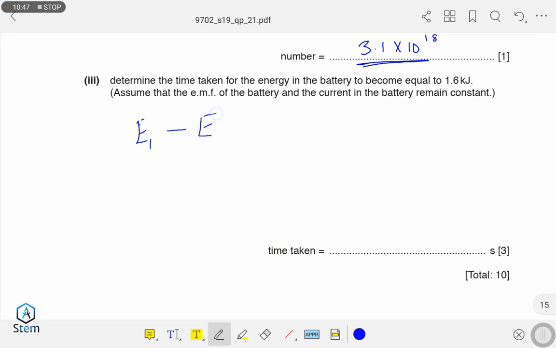Let's just call it 1.6. This is equal to the equation of energy, which is E multiplied by current multiplied by T, and this E is actually the EMF.